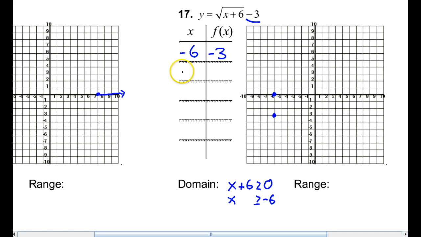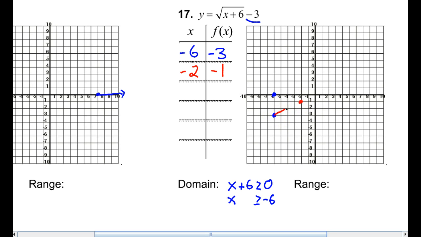Yeah, I'm thinking -2. Why -2? When I plug it in, I want to have something I can take the square root of. So if I plug in -2, -2 plus 6 is 4. Square root of 4 is 2. 2 minus 3 is -1. So -2, -1. There we go.